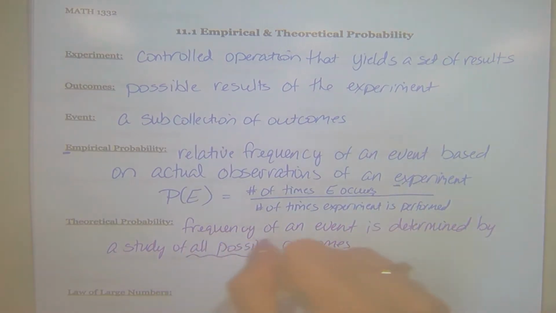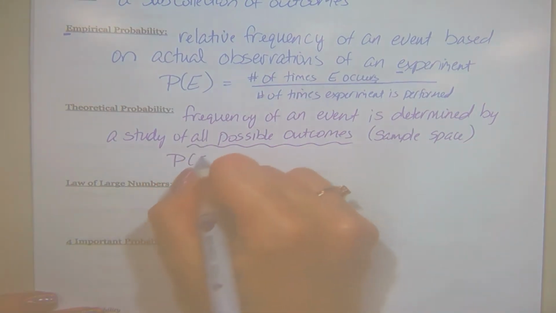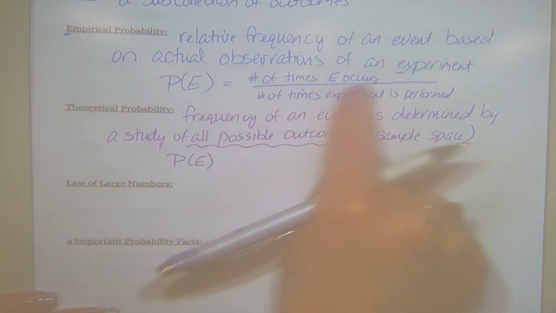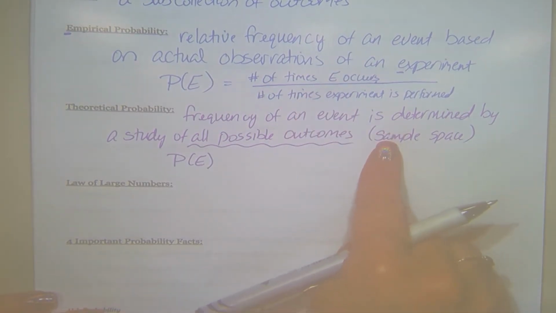All possible outcomes is what we call our sample space. What I was talking about rolling the regular die, my sample space were the rolls 1, 2, 3, 4, 5, or 6, because those are the numbers that could come up. To show the theoretical probability, I'm not doing an experiment, I'm looking at the possible outcomes, the sample space.